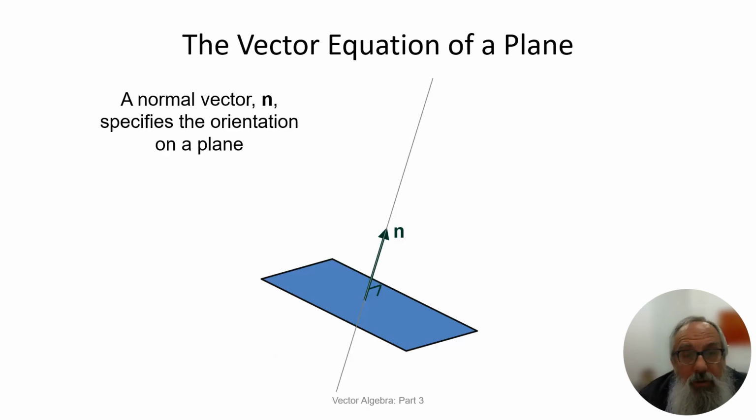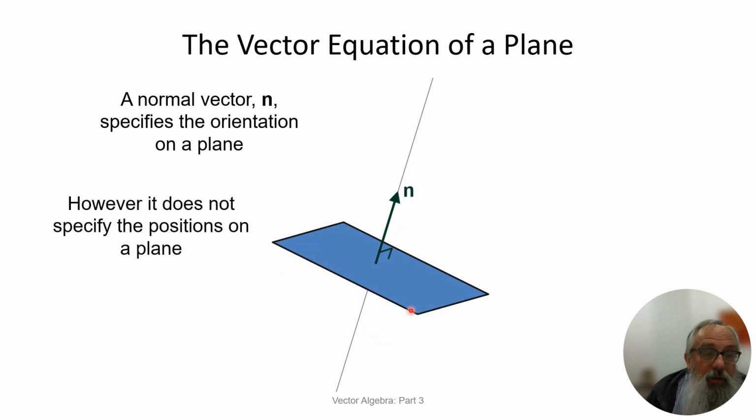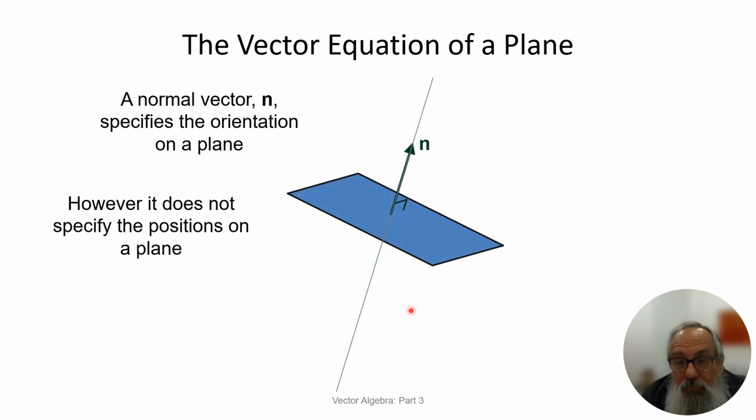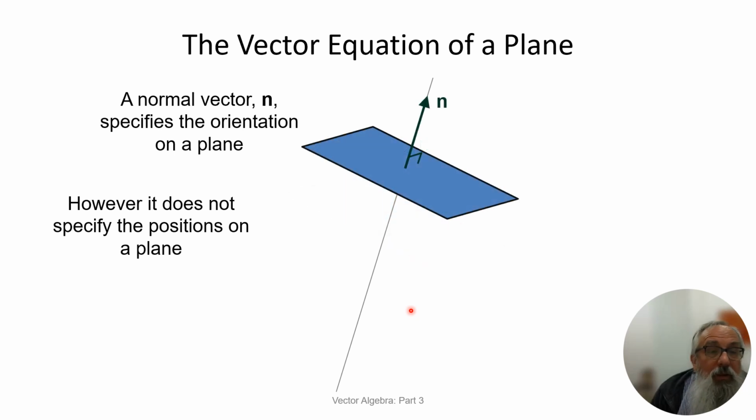We're going to now look at the equation of a plane. So if we have a normal vector to a plane, then that can define the orientation of a plane. That normal vector also could define a plane at any point. Now I'm moving it along a line here, but that plane is normal to that vector.